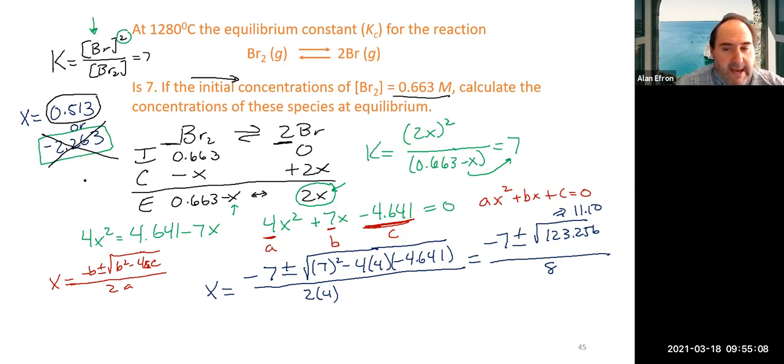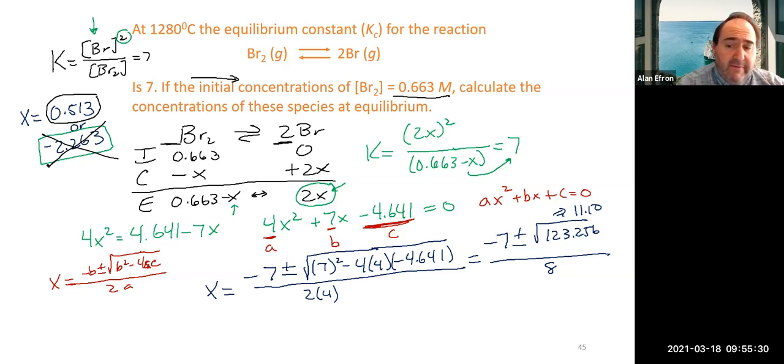But what will always happen in these types of problems is that when you take one of those x values and put it back into the equilibrium spot here, for example, this 2x, if I took that 2x times the negative number that I had for my x value, that will give me a negative concentration.